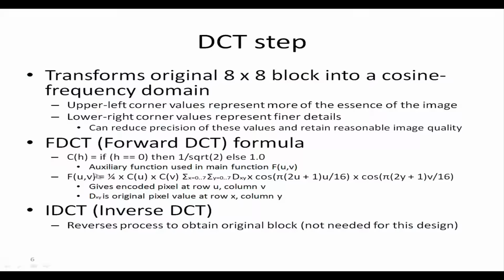For each pixel we take different u's and v's, 1/4 C(u) C(v), and then sigma over x, row wise from 0 to 7, all the 8 rows, and then column 0 to 7. d(x,y) is the original pixel value at row x, column y.